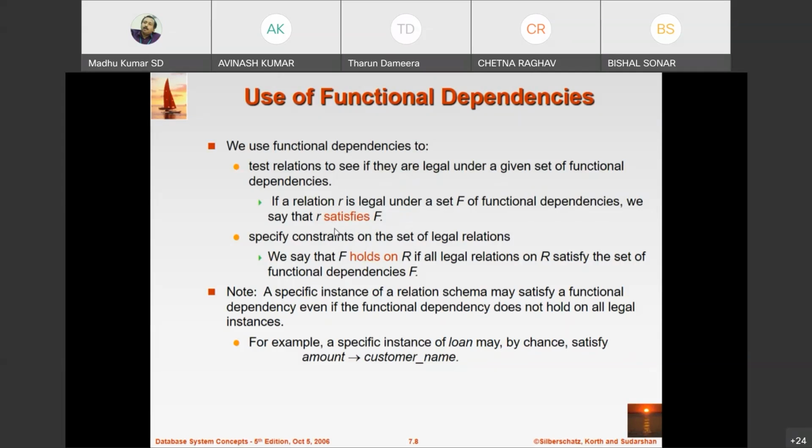In order to convey the meaning of a relation, we should give the schema of the relation and also the set F, that is, a set of functional dependencies.